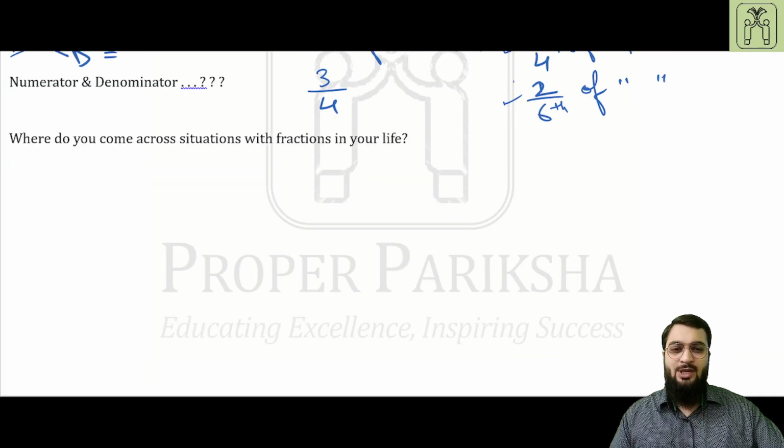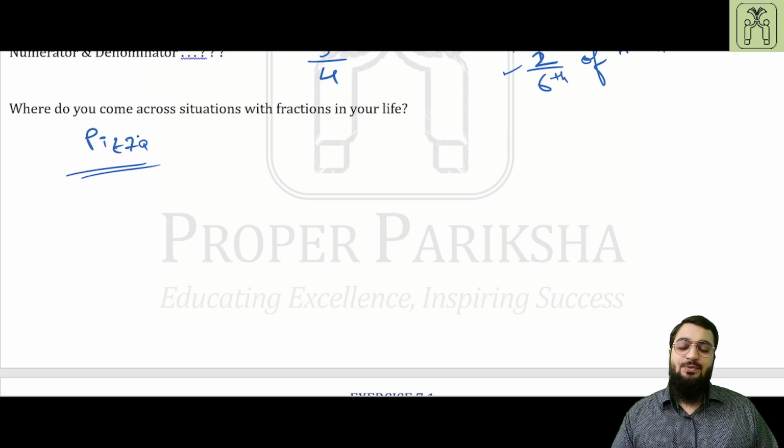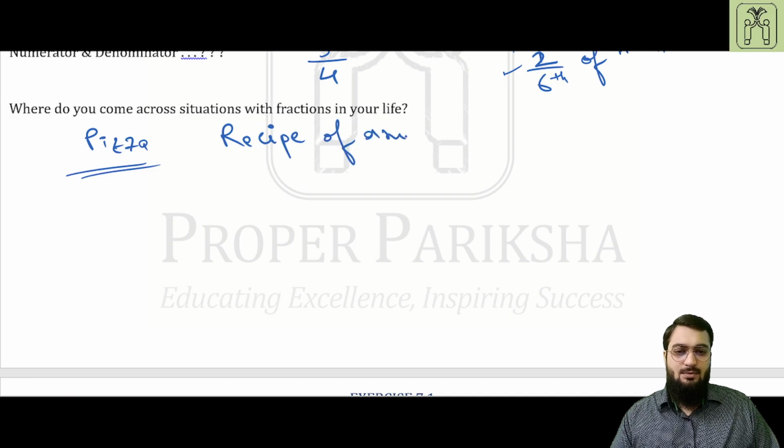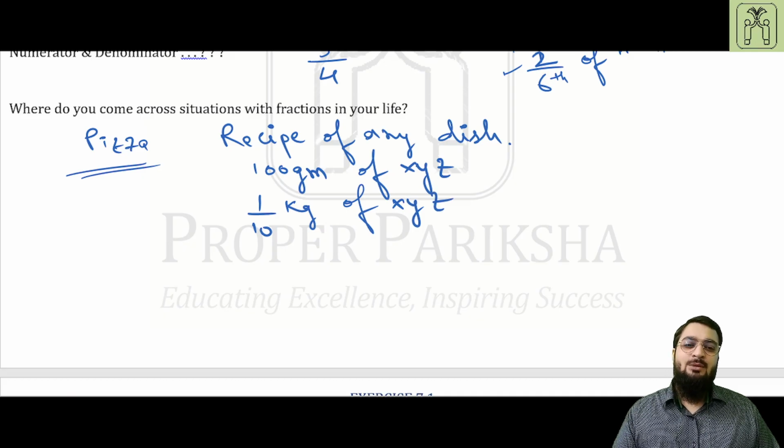When we go out to eat some fast food or Italian food, that is pizza, we come across fractions. Secondly, the recipe of any dish is also related to fractions, because when you say you have to put 100 grams of, say, XYZ, then 100 grams is actually 1 upon 10th of a kilogram of XYZ. So anything can be represented as a fraction.